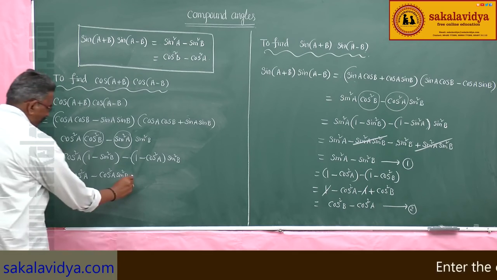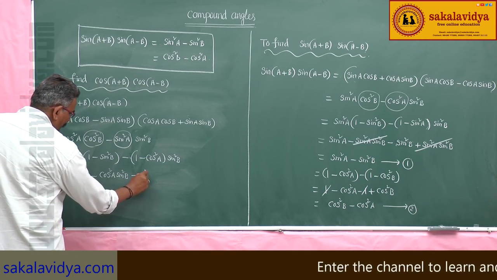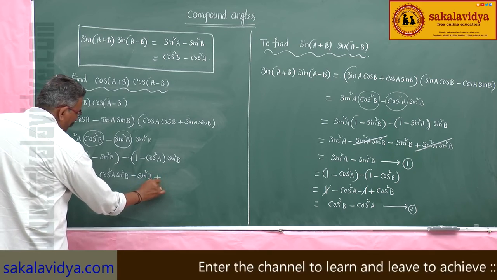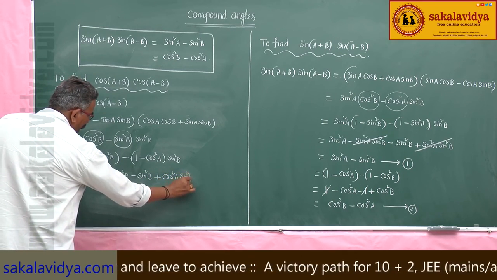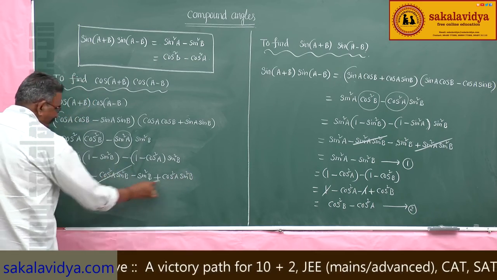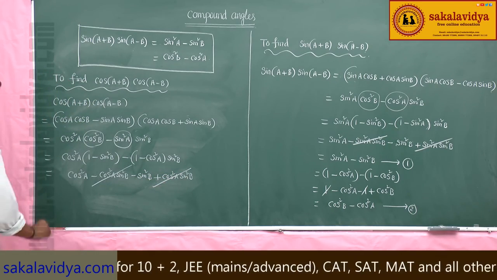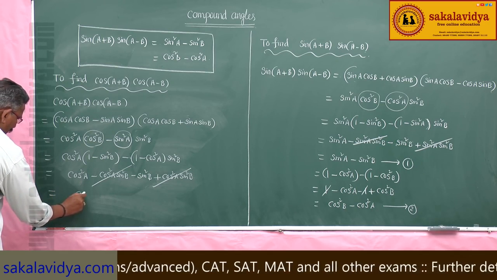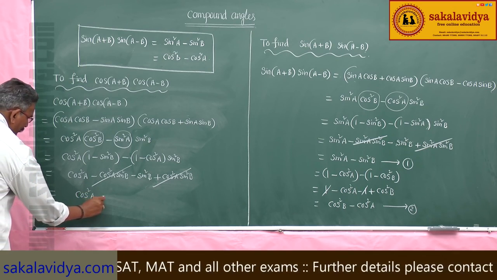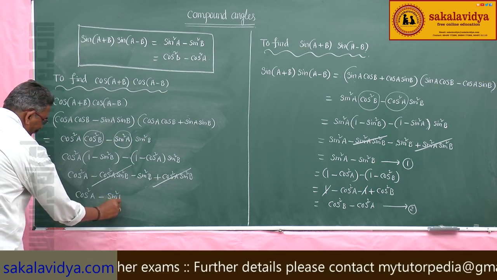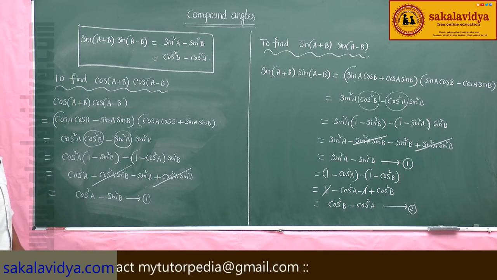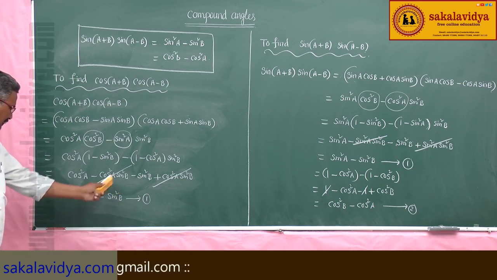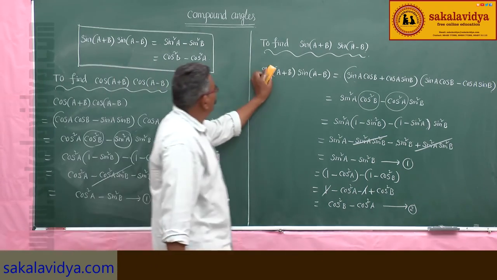You see, minus sin square B and plus cos square A sin square B. These two get cancelled. We have cos square A minus sin square B. Say equation 1. Now change cos square A in terms of sin, and sin square B in terms of cos.